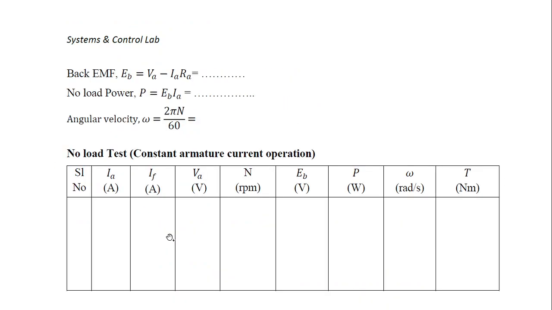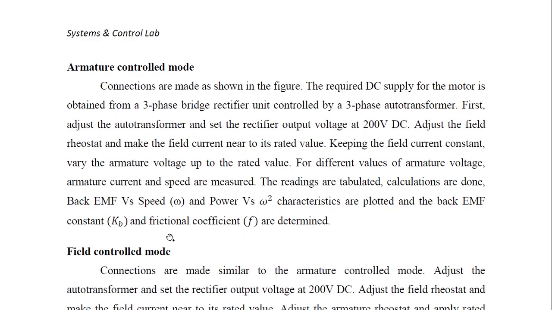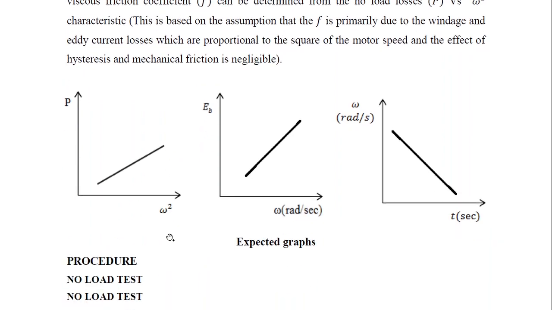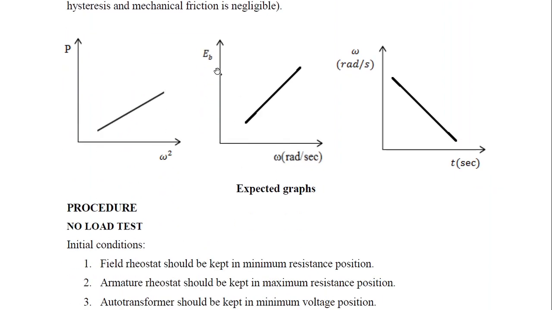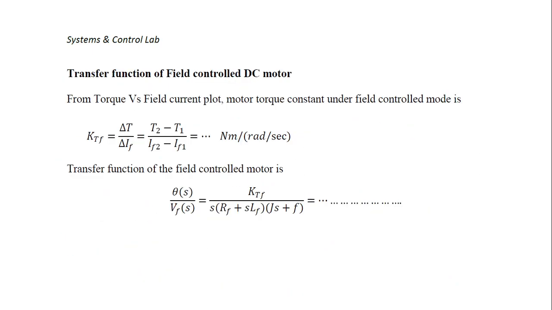Then in the next expected graph, that is the EB versus omega graph, from it you will get the value of the motor constant.